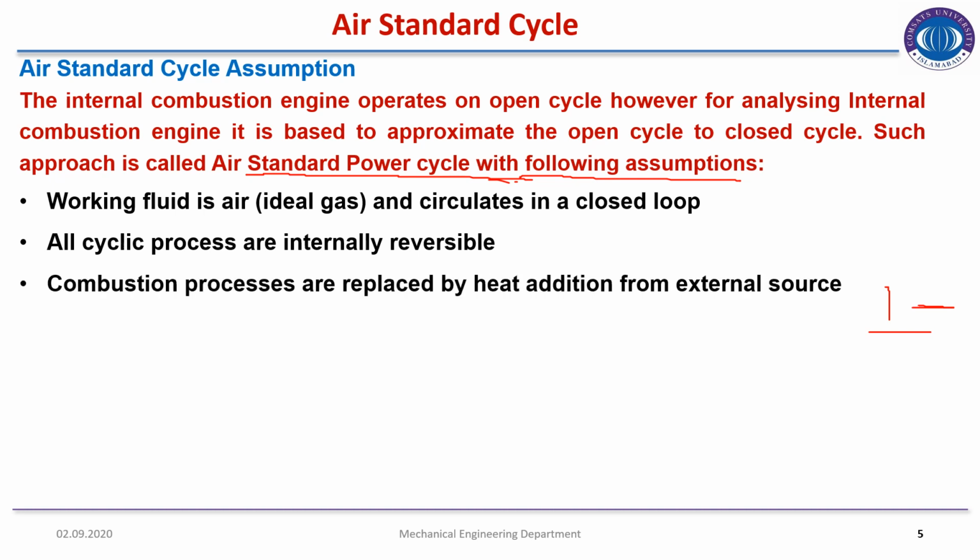Combustion processes are replaced by heat addition from an external source. It is somewhat like the Rankine cycle, in which we have a boiler where heat is added from a reservoir source, so it is a constant supply of heat. So here we assume that the heat addition is from an external source rather than the combustion process.